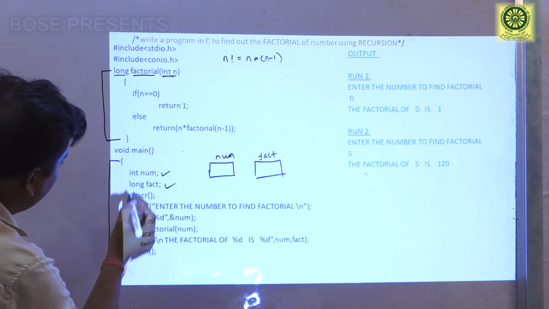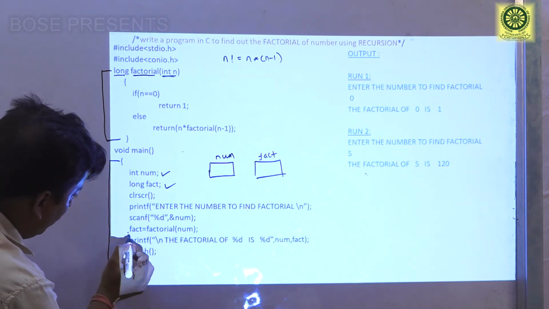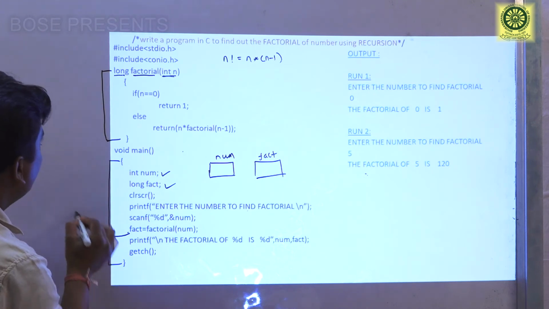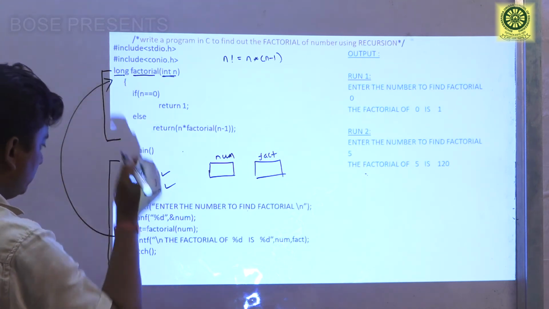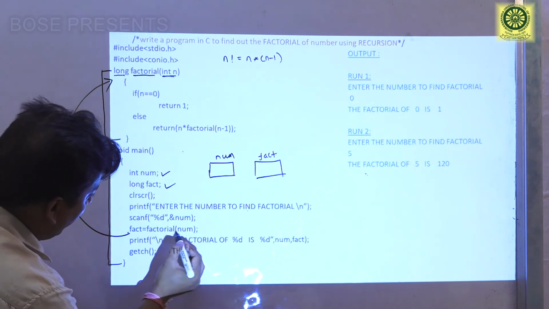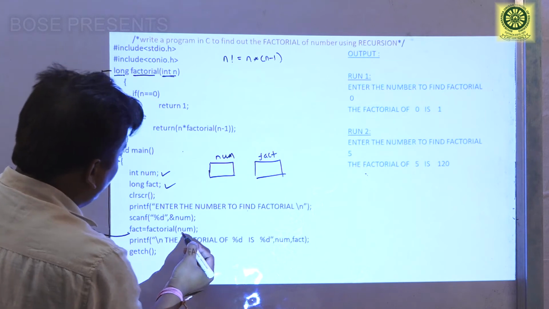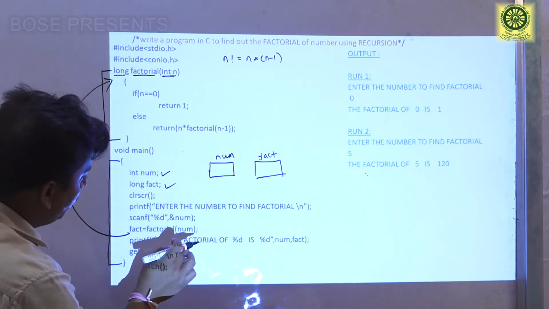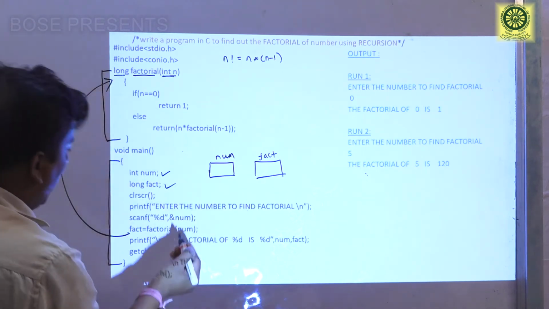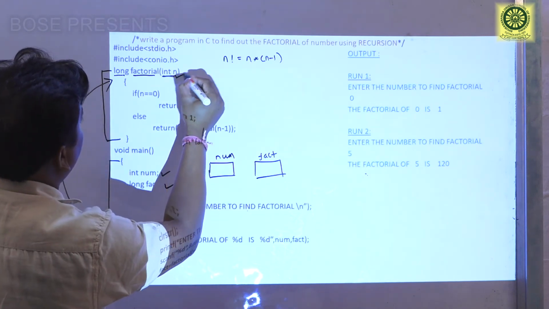See, at this moment the control will move from this to this. The function is called factorial, norm, and whatever value is stored in norm will be passed to here, and this norm value will be stored in n.